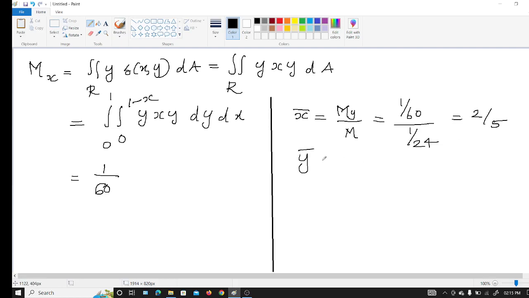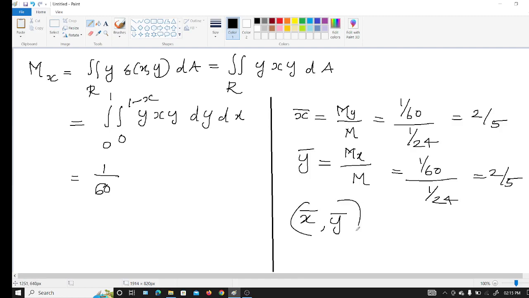Similarly, y bar is equal to Mx divided by M, that is equal to 1 by 60 divided by 1 by 24, and that is equal to 2 by 5. So the required center of gravity of the inhomogeneous lamina is x bar, y bar equal to 2 by 5 comma 2 by 5.